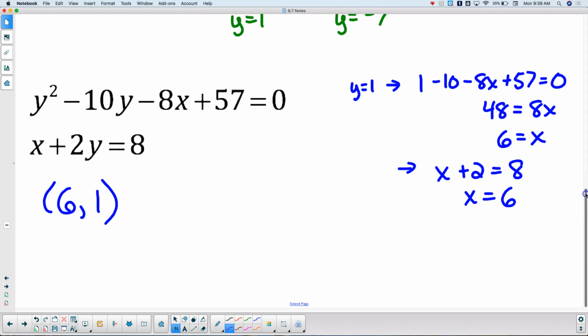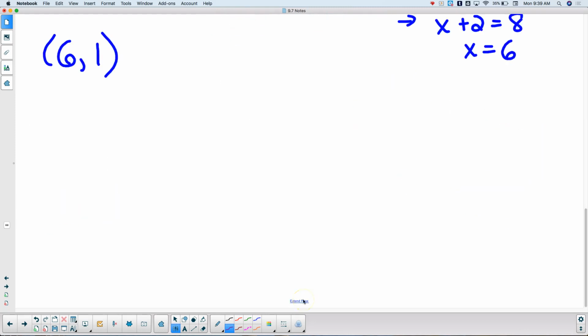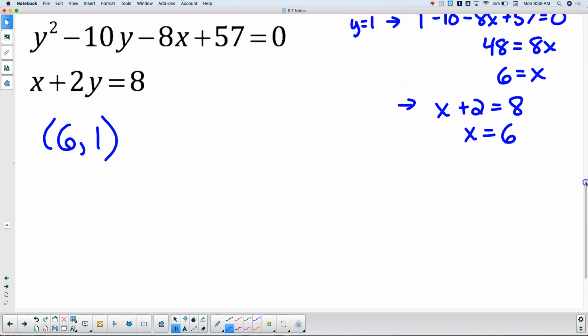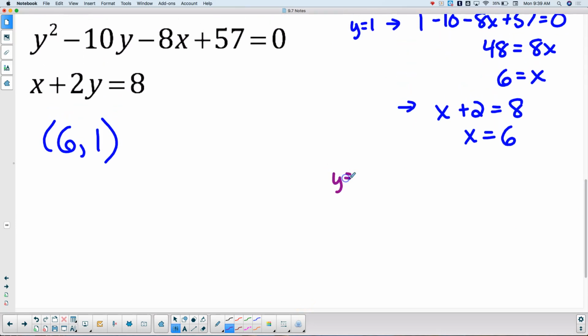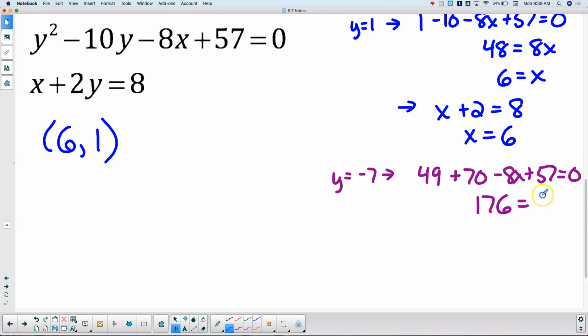What was the other one? Negative 7. Negative 7 squared is 49. Negative 7 times negative 10 is positive 70. Minus 8x plus 57 equals 0. So what do we got there? 49 plus 57 is 106, 176. 22?